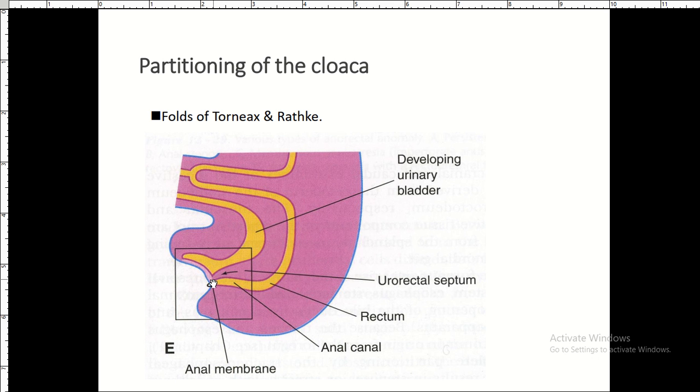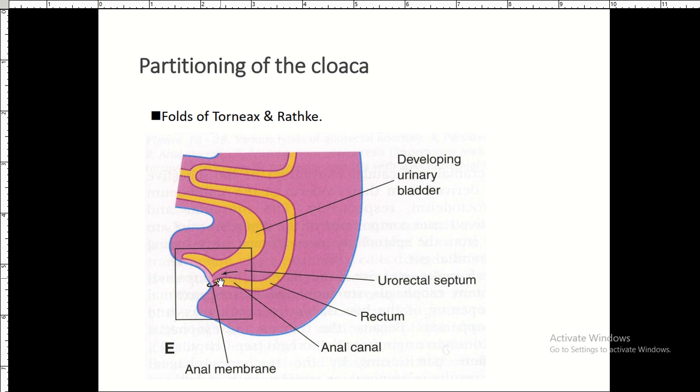Then the lower 1/3 of the anal canal comes from the ectoderm. Right. So, which means that we now have different epithelia.